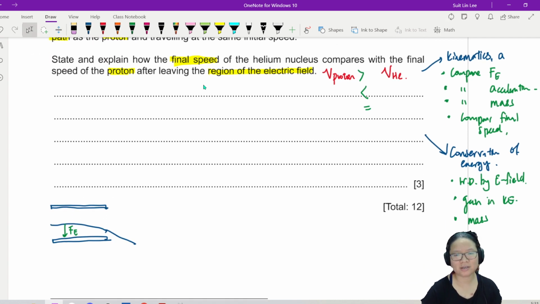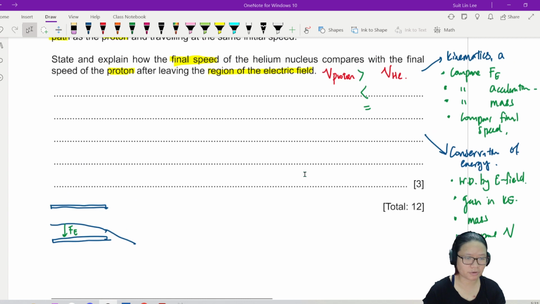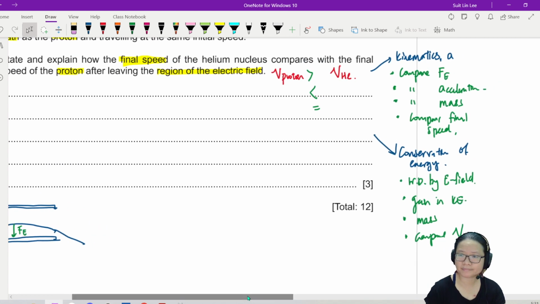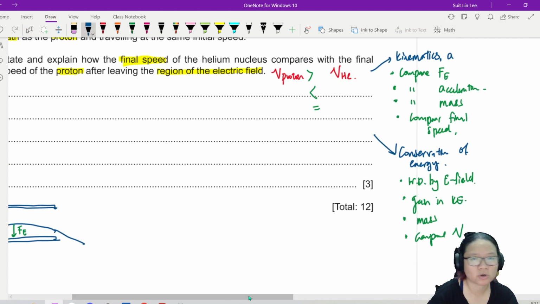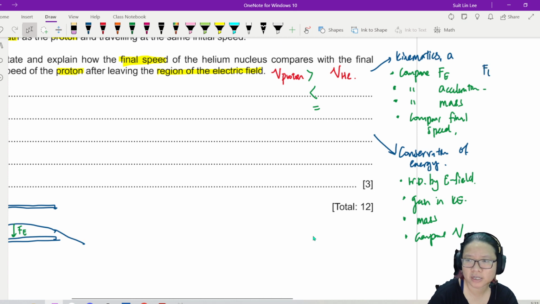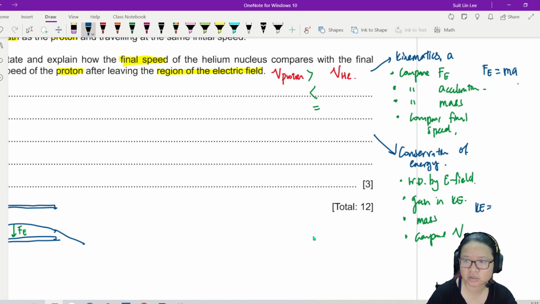Then only can I compare final speed. Because the electric force is equal to ma, so if I can figure out the acceleration, I can figure out the final speed. And the reason why I still need to compare mass here is because kinetic energy is half mv squared. Okay, so let's try the first one first.